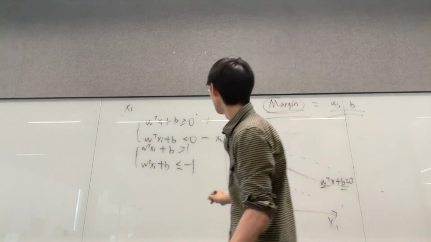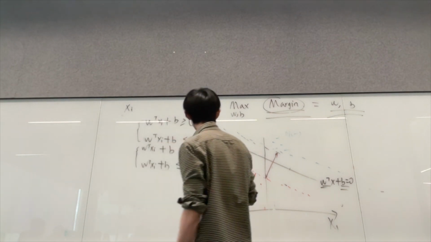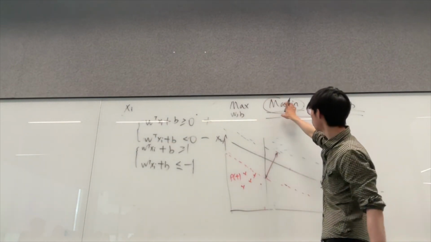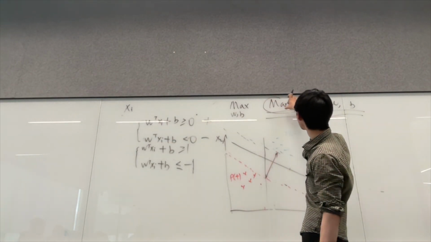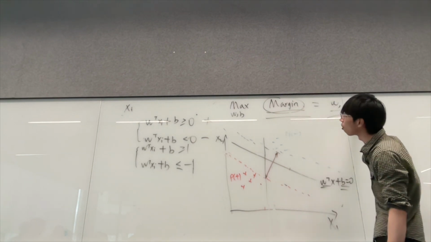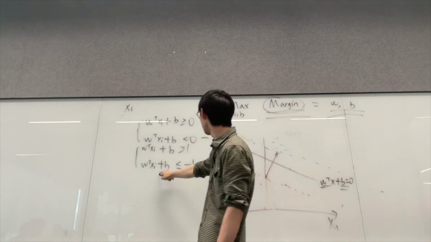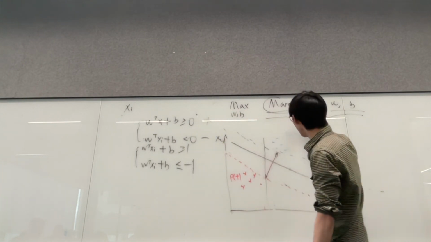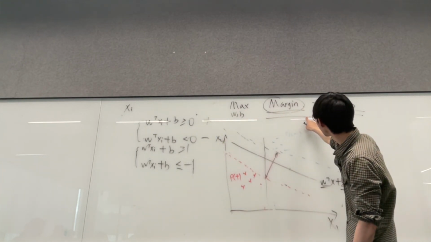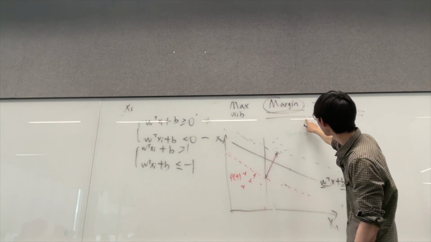Okay, so now we have this. Still remember, what's our goal? Our goal is to represent this margin in the form of W and b. So let's see whether this can help us. What's the margin here?